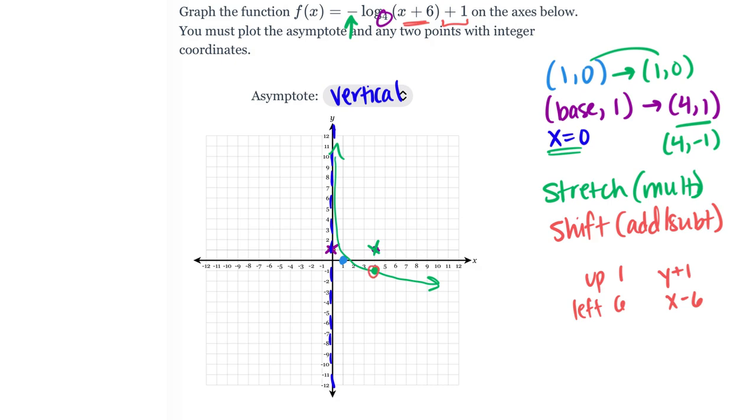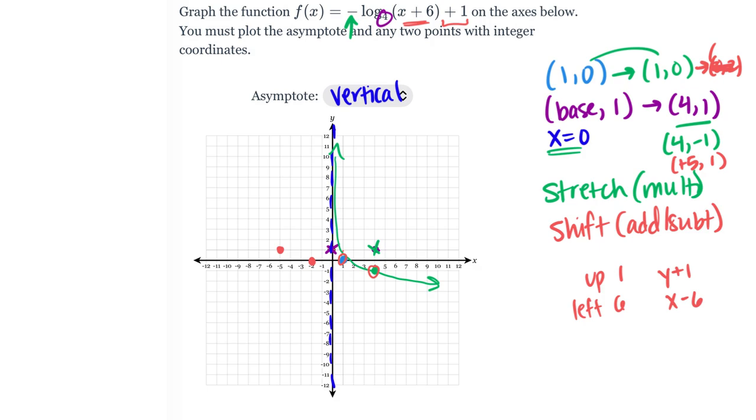So this point right here, if I shift it up 1 and left 6, it would end up at 0, 2. Sorry, -2. And then this point, if I shift up 1 and left 6, it will end at -5, 1. Sorry, I wrote that backwards.